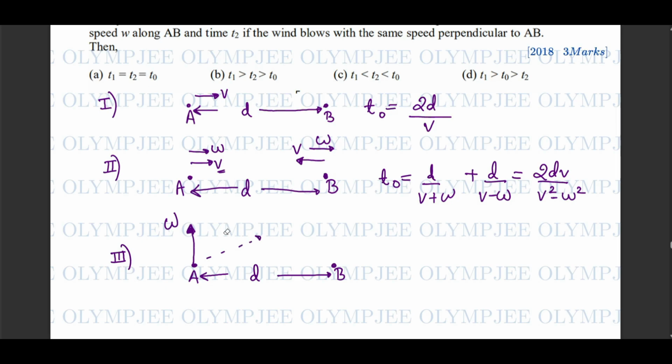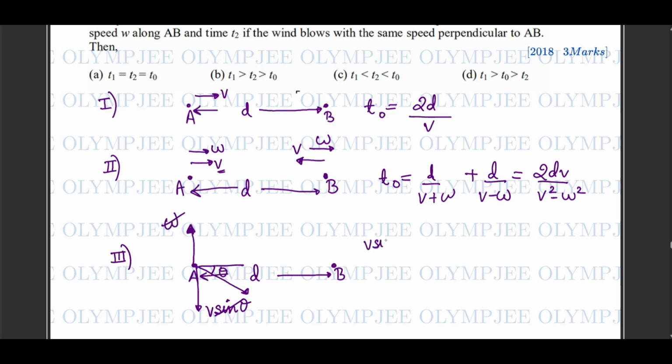It cannot move along AB in the plus i direction, so it must move a bit downwards, so that the V sine component is equal to W, so that both get cancelled out.